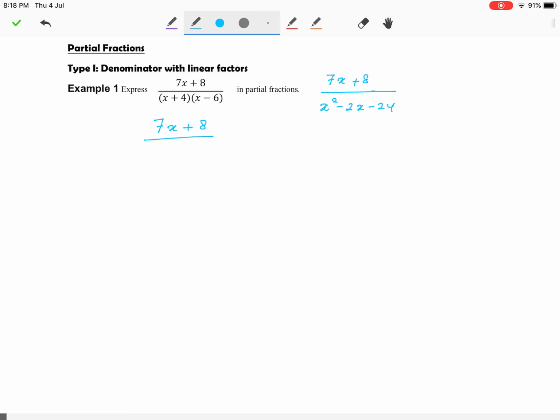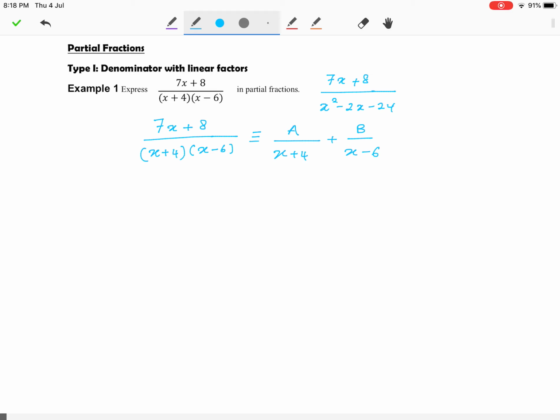For this type of case, when the power of x in the denominator is more than in the numerator, and the denominator can be expressed as linear factors, you want to write down: identical to a over x plus 4 plus b over x minus 6.